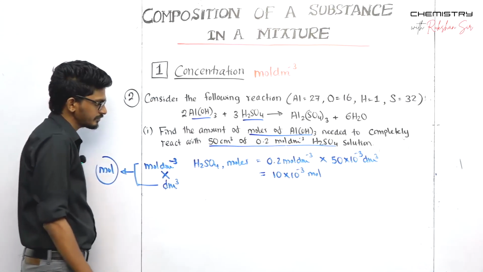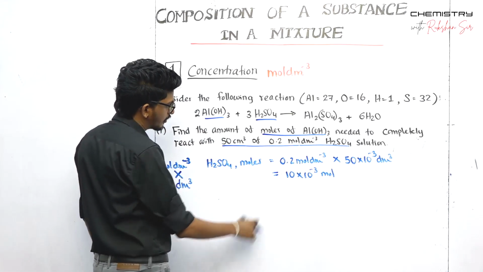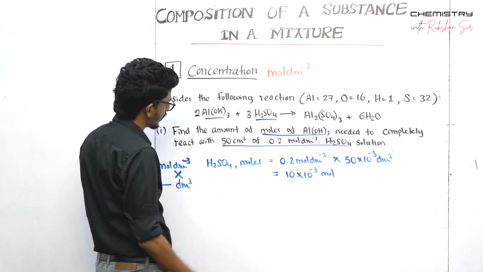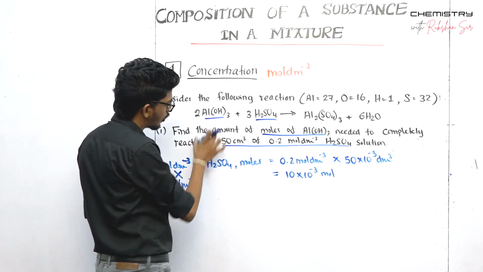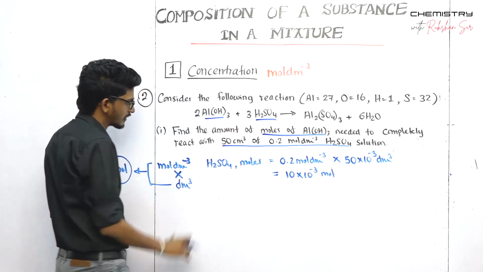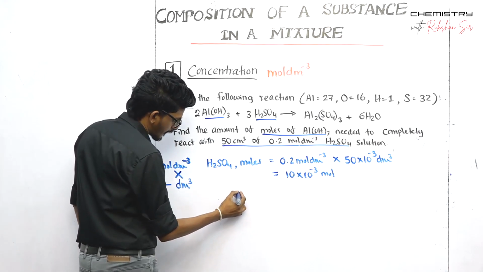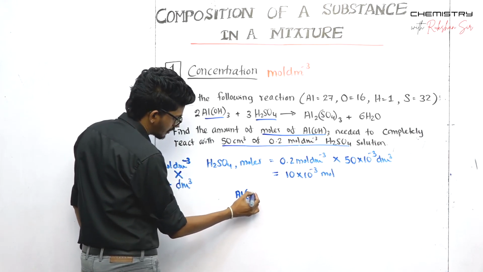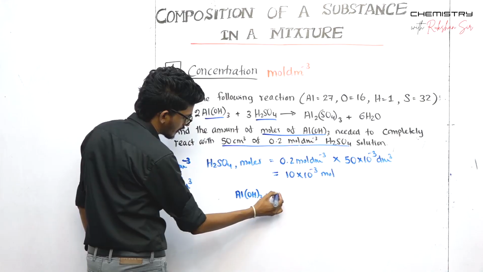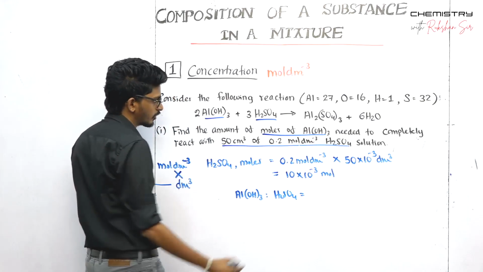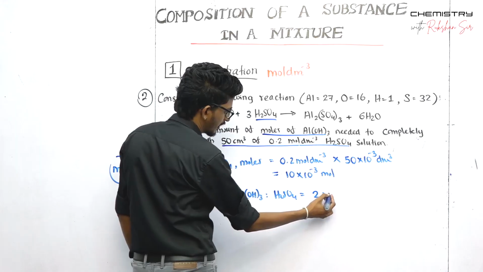Then we could come up with the number of moles of aluminium hydroxide, that is the bonded thing. So we can write like this: aluminium hydroxide to H2SO4 is actually a 2 to 3 ratio.